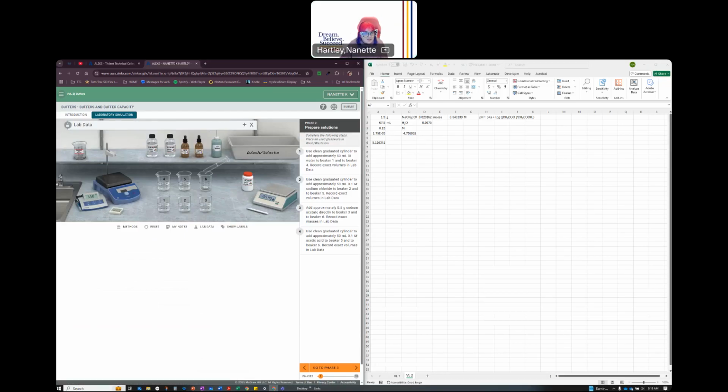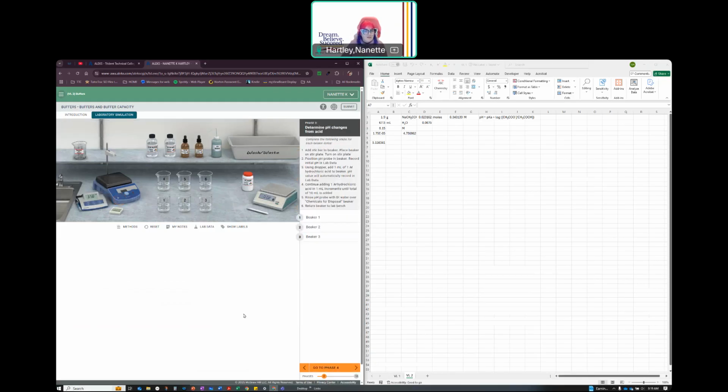Now we're going to 6 there. And then we'll go to the next phase. Add stir bar to the beaker. Put in the stir plate. Turn on the stir plate. Position the pH probe into there.